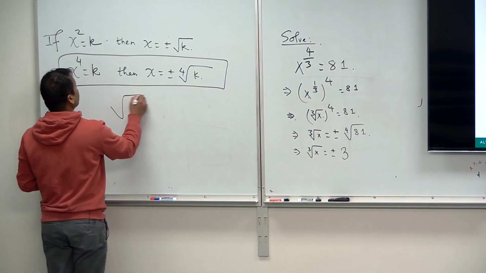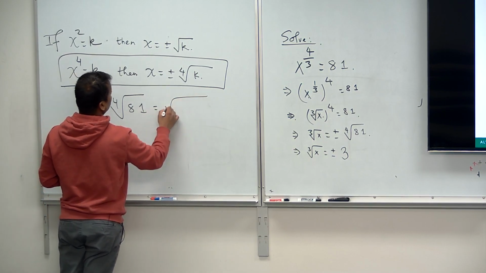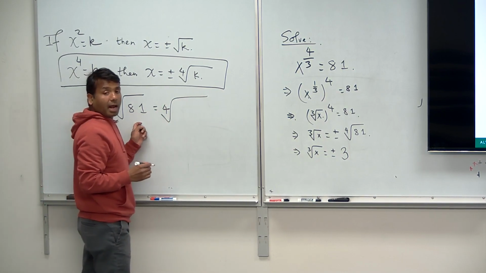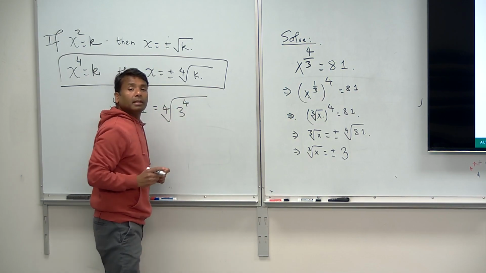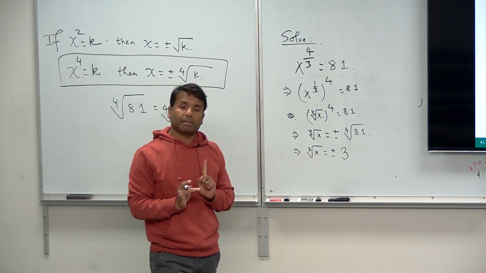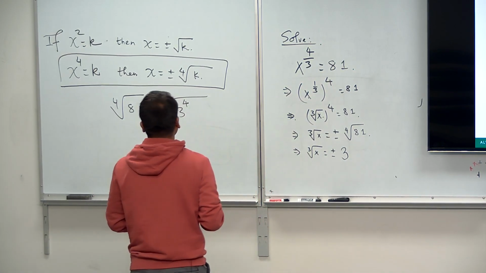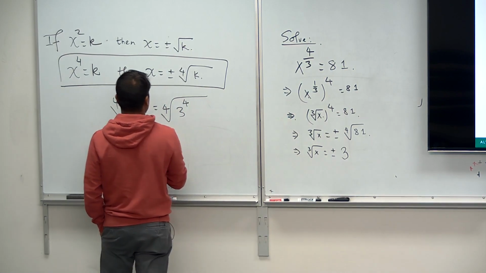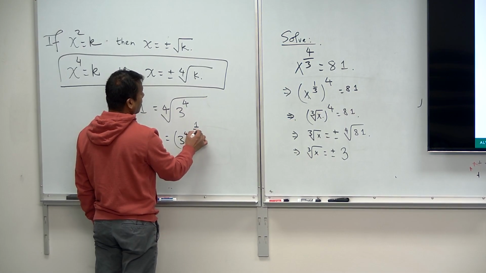Look, I can do it like this also. The 4th root of 81: 81 is 3 raised to the power what? 4, because 3 times 3 times 3 times 3 is 81. So this is the same as 3 to the power 4, raised to the power 1 over 4.